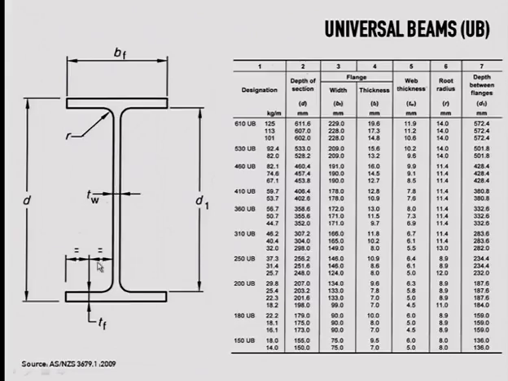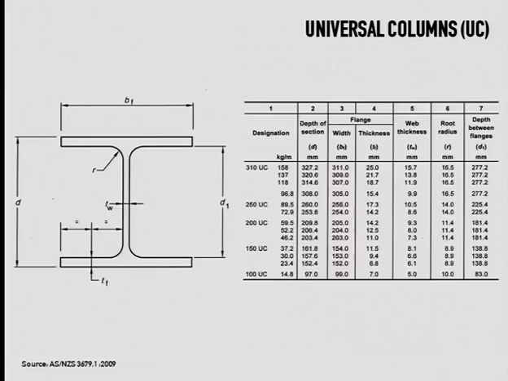So this is one of the ways to recognize this universal beam, because of this fillet and also because of the height of the web. Because again, it has to resist bending moment, so it's very high. We've got the corresponding universal column. Of course, the cross-section changes. So you see, it's not so high. And that's the way to recognize the universal column.